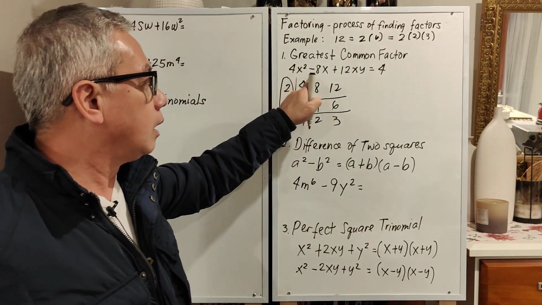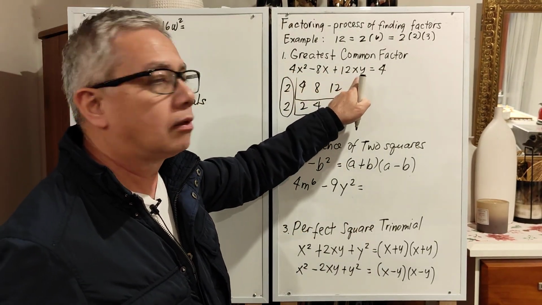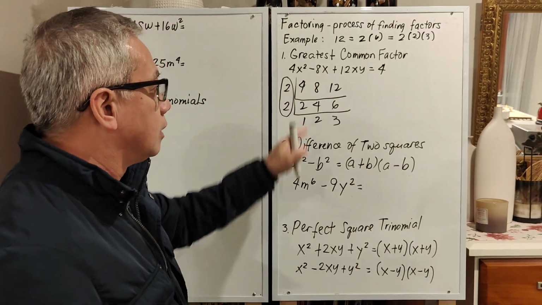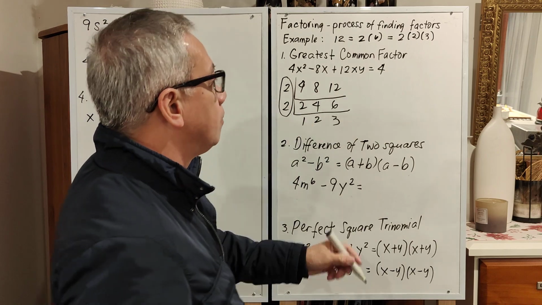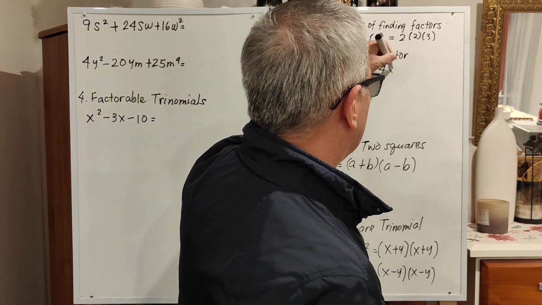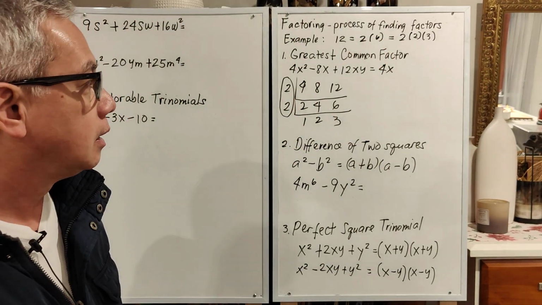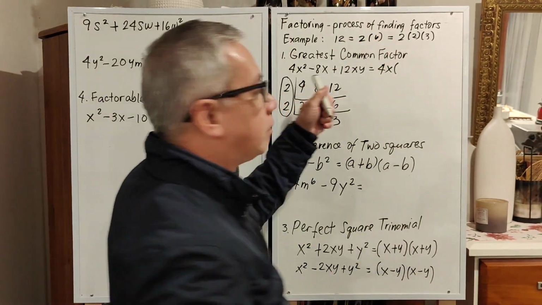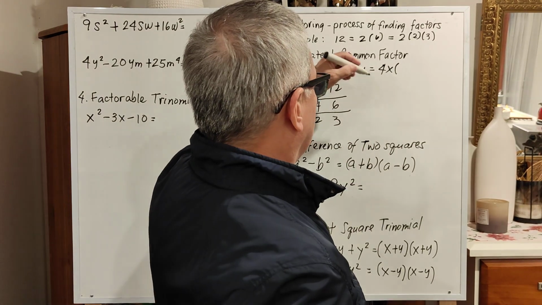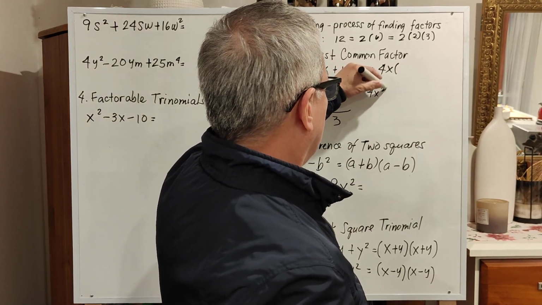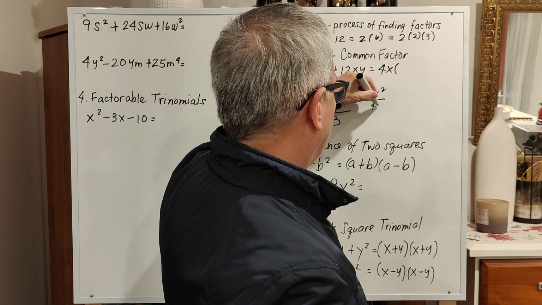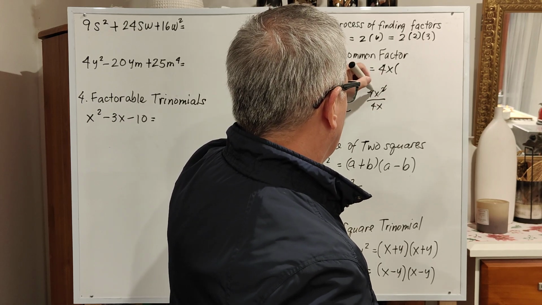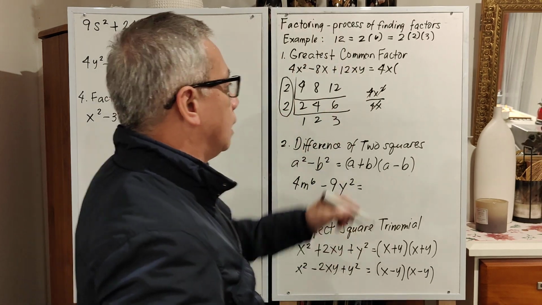Now all of them contain at least 1x, or x to the first power. So this is a common factor in all of them. So our greatest common factor is 4x. To know the factors, we have to divide everything by 4x. So 4x squared divided by 4x becomes x.